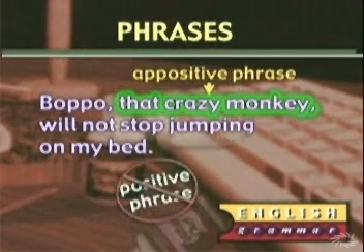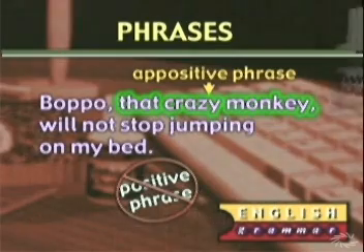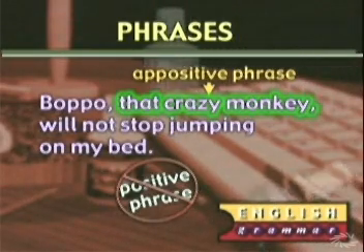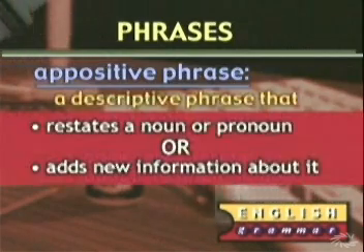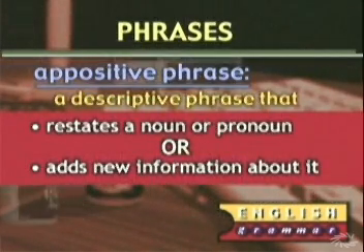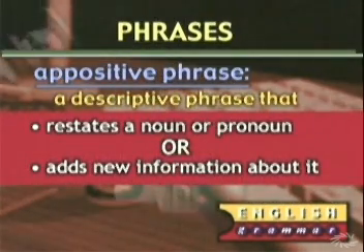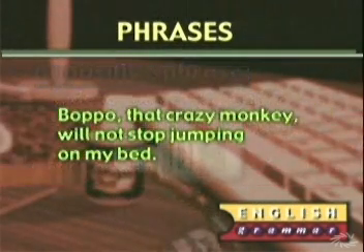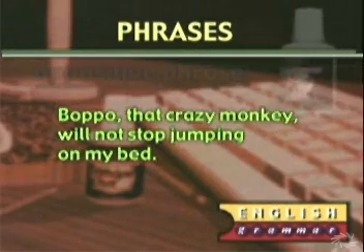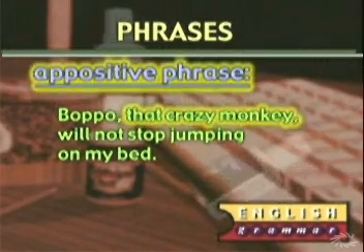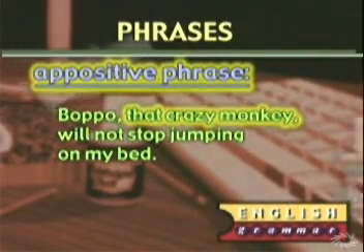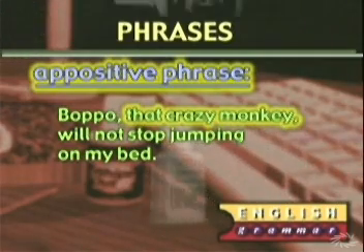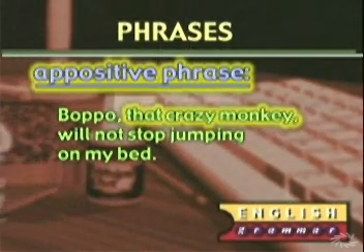Now, this is not a positive phrase like "way to go." This is an appositive phrase, which is different. An appositive phrase is a descriptive phrase that either restates a noun or pronoun in a sentence or adds new information about it. In our sentence, "Boppo, that crazy monkey, will not stop jumping on my bed," the appositive phrase, that crazy monkey, is just another way of saying Boppo, the simple subject of our sentence.